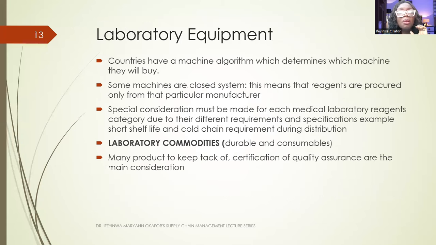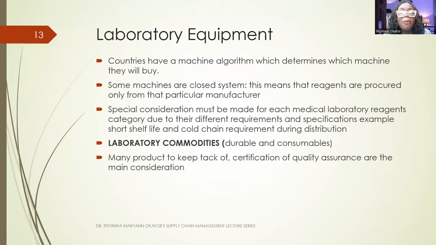So at the inquiry steps, you need to agree on some of these terms with your clients before you go into procurement proper. Now, for laboratory equipment too, countries have a machine algorithm which determines which machine they will buy. For example, if that is obtainable in your country, some machines are closed system. You should know that.